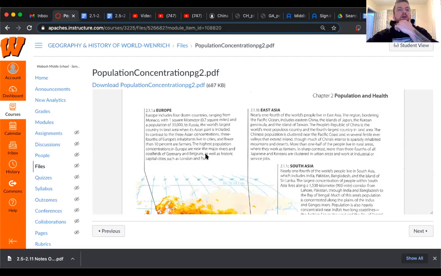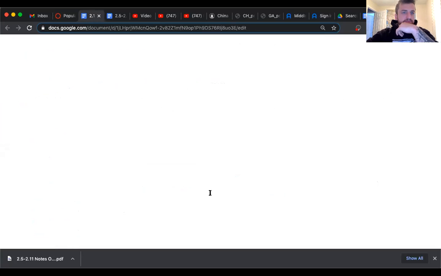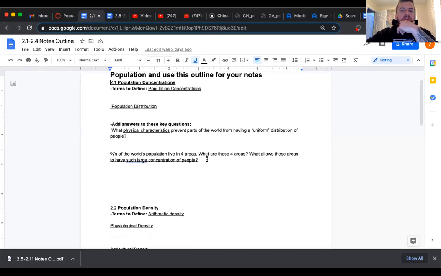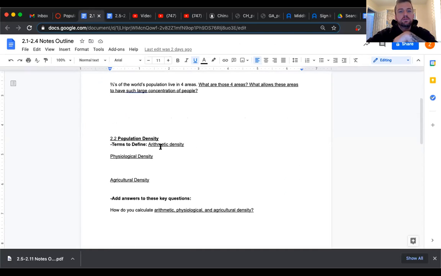So after you get that done for 2.1, and here's your notes right here, you move on to 2.2 and you define these: arithmetic density, physiological density, agricultural density. My advice there is just to write down the equation. For arithmetic density, it's the number of people divided by the land area. For physiological density, it's the number of people divided by arable land.